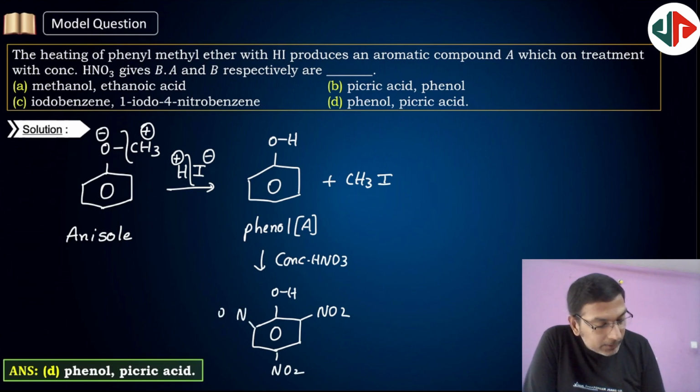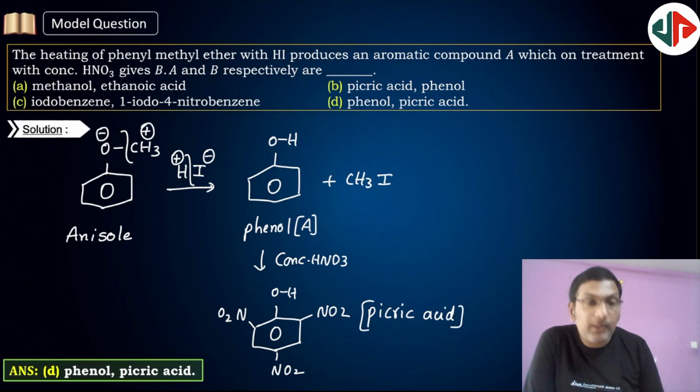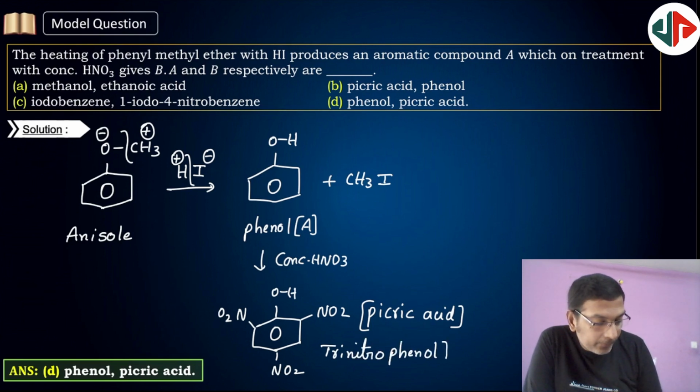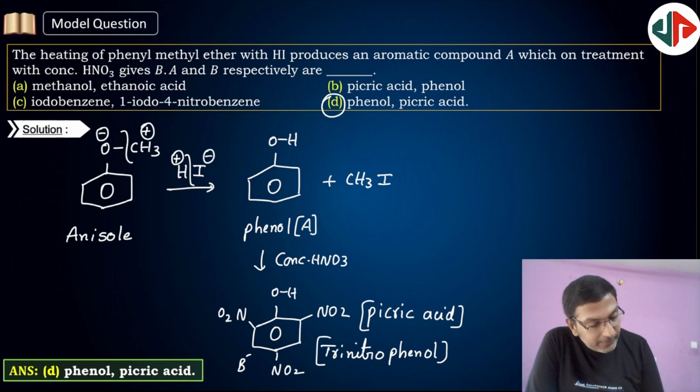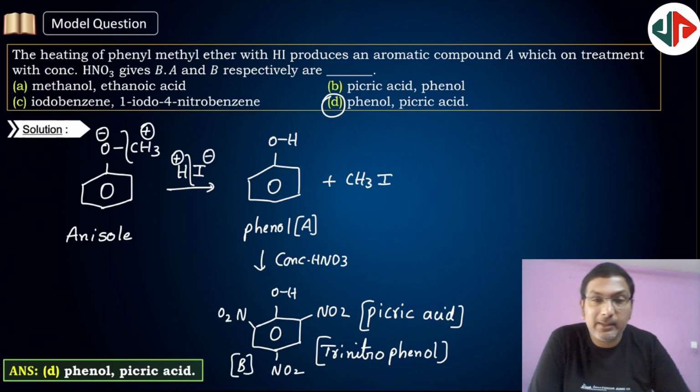At ortho and para positions NO2 will be substituted. This is picric acid or trinitrophenol. Very important. So compound A is phenol and B is picric acid or trinitrophenol.